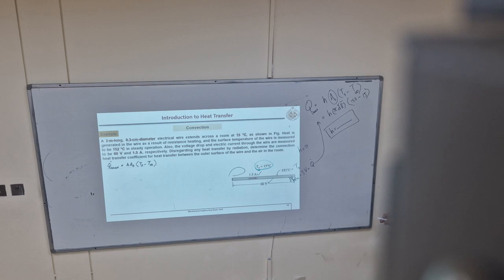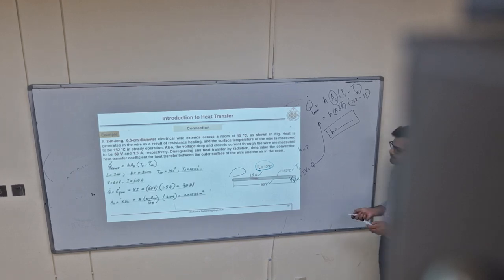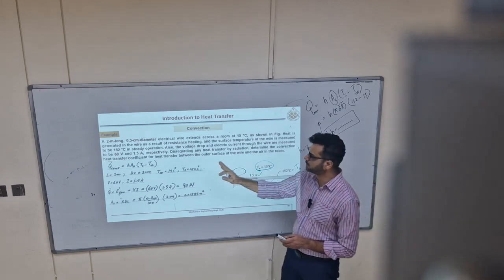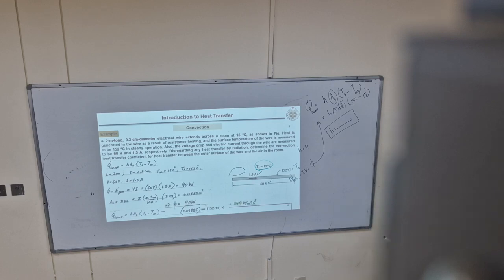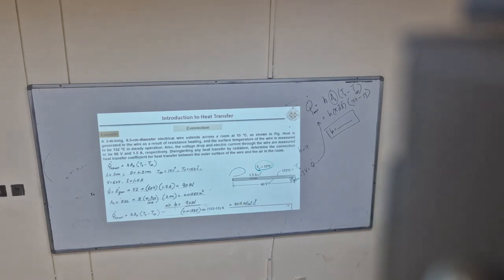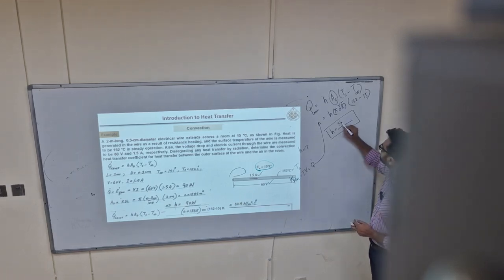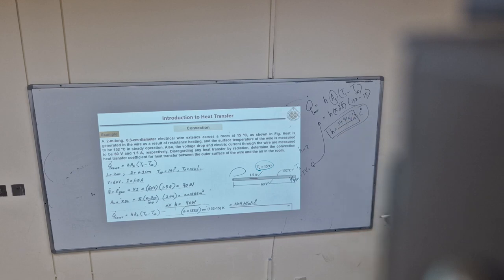Okay, be careful about the units, centimeter, meter, etc. So H is 34.9 watts per meter square per degree Celsius. All right.